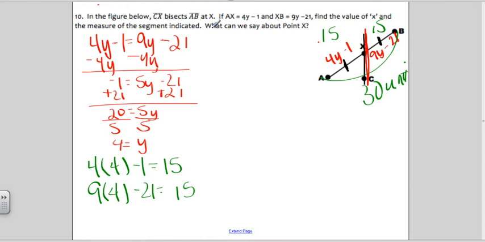Now, it also asks, what can we say about point X? Well, if we know that the segment CX bisected my segment AB, that means that X was the midpoint.